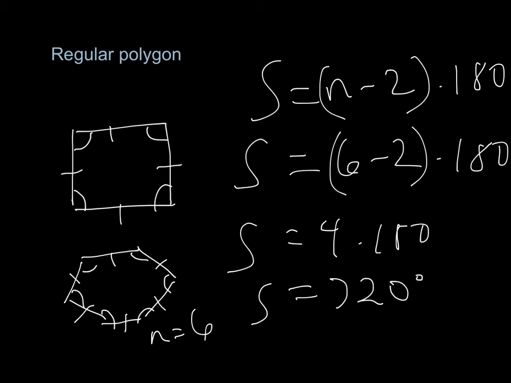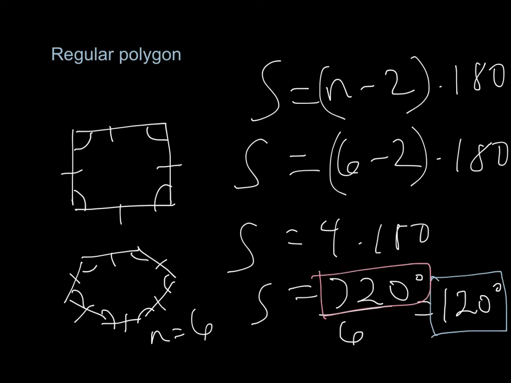If there are 6 sides, there are 6 angles, right? So if you divide the sum by 6, you get 120 degrees. So that is the measure of each interior angle. So the sum of the measures of the interior angles is 720, but each individual one is 120. So if it's a regular polygon, you find out using this formula the sum of the interior angles, and then you just divide that by the number of sides, by n.